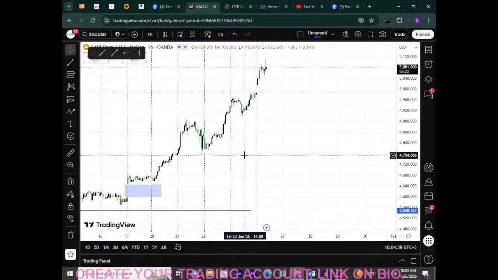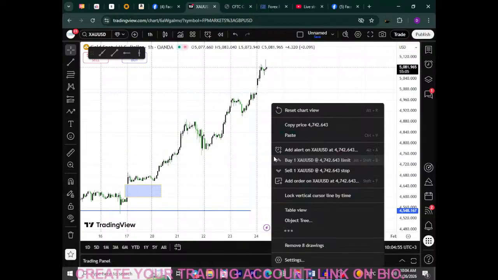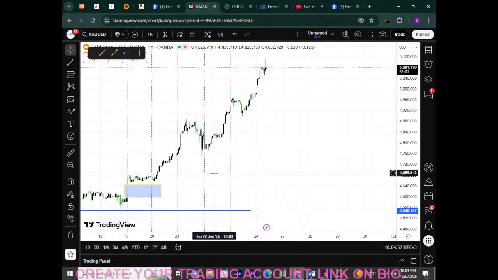So if you are listening to this live session right now, the first thing is to download the TradingView app on your phone. Now when we set alerts, because most of the time we shall not be taking trades on the live session, we set an alert on all the pairs, regardless of whether you are trading.